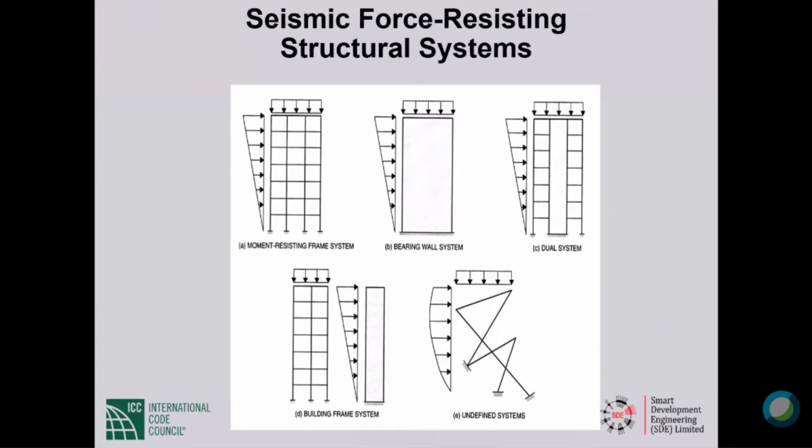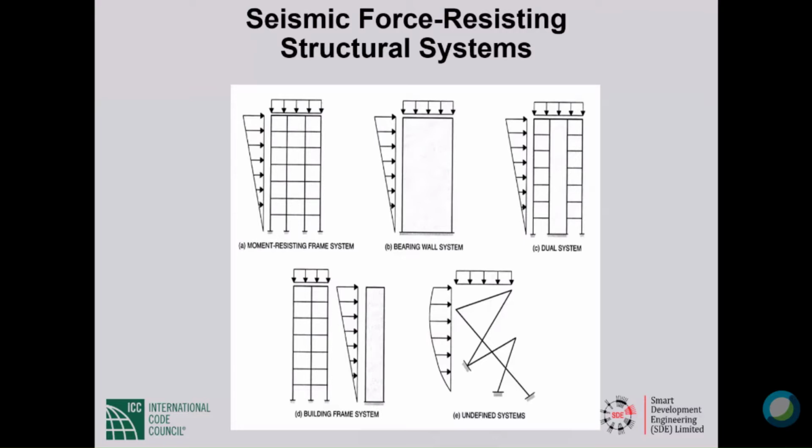Now, the structural systems that are defined in ASCE 7-05 and BNBC 2020, the basic seismic force resisting structural systems, there are 4. To the top left is the moment resisting frame system, where beam column frames or slab column frames, as the case may be, carry gravity as well as lateral loads. There are no shear walls doing anything significant for us.